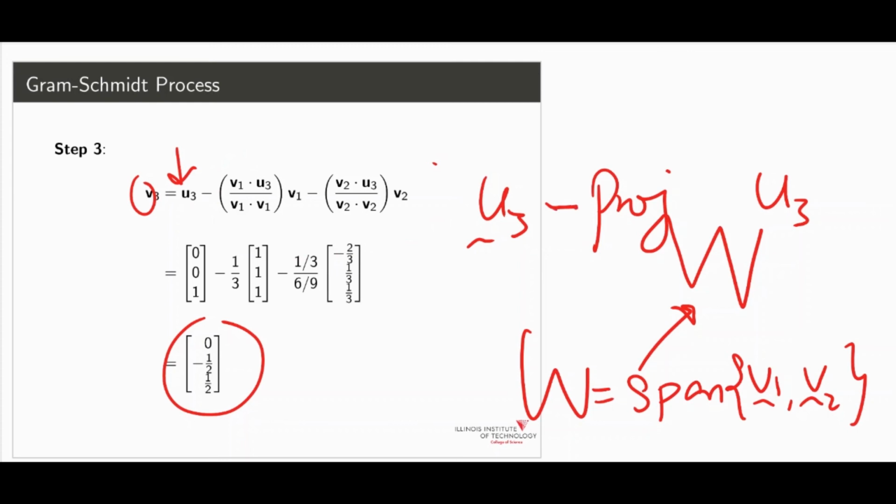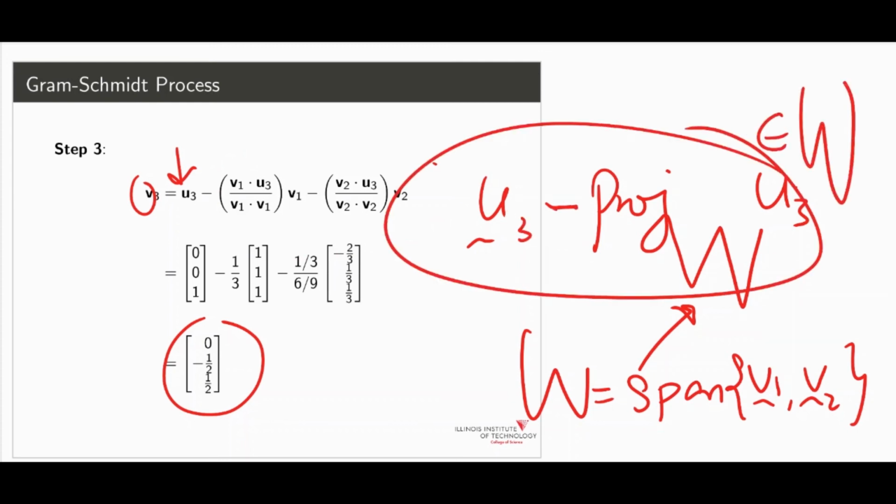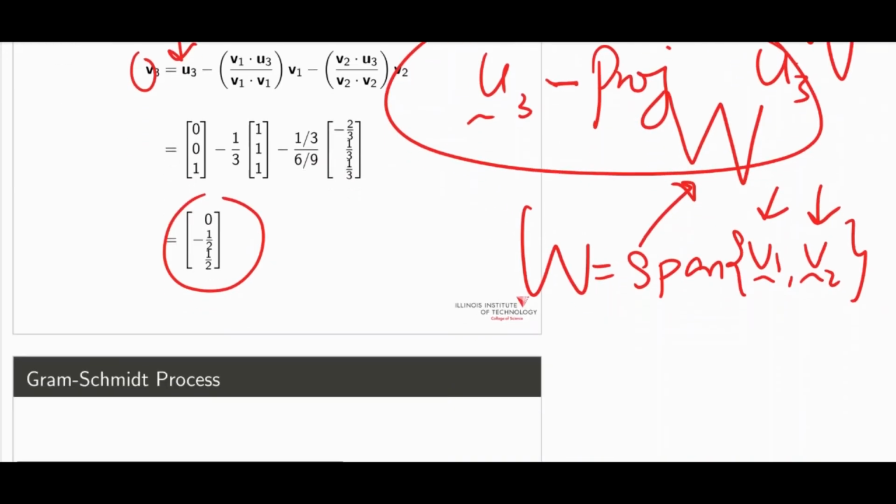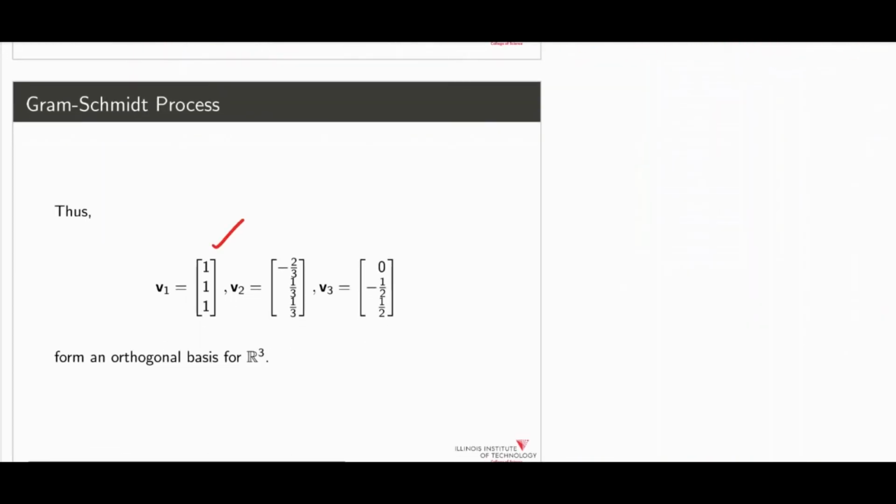The concept is not difficult to understand. So this one here will be in W perp, which means it's orthogonal to everything in W. In particular, it will be orthogonal to V1 and V2. No big deal. If you go through this, you can see that this is definitely orthogonal.